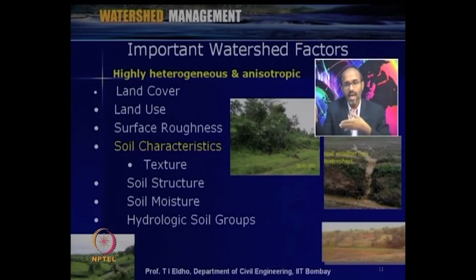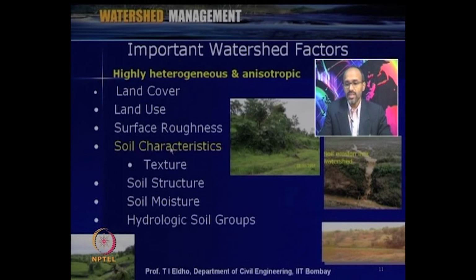When we are transforming rainfall to runoff, there are various hydrological processes which we have to consider. When we go for physical modeling, the runoff depends upon the roughness of the watershed. This roughness can vary according to various parameters like land cover, land use and the type of soil.